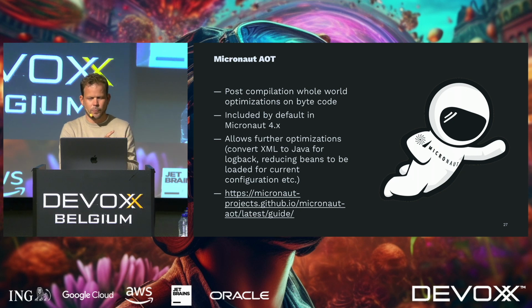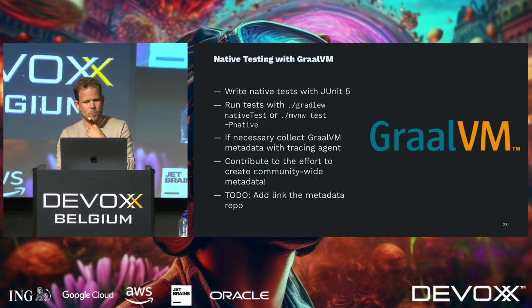For example, if you have a bean that requires class Foo, and Foo is not on the class path, it'll eliminate that bean and it won't be in the image, right? That kind of thing. So very handy, and continuing to push the boundaries of making applications smaller and more efficient.